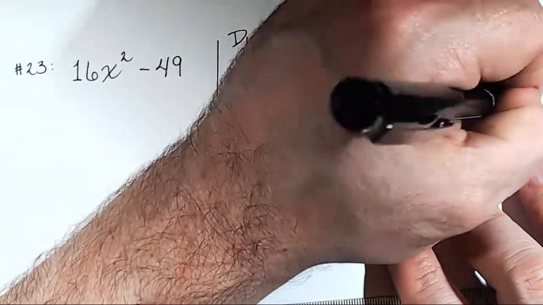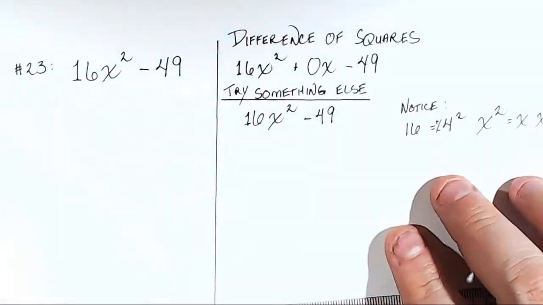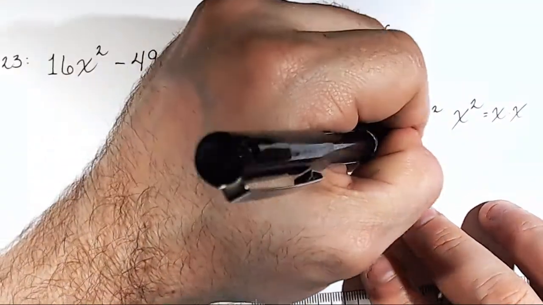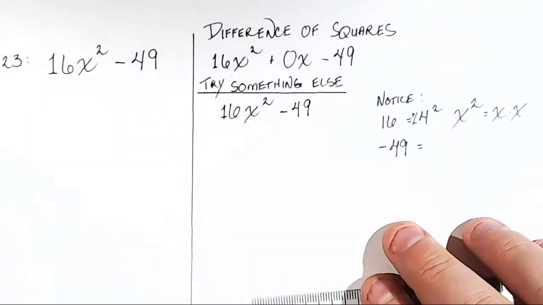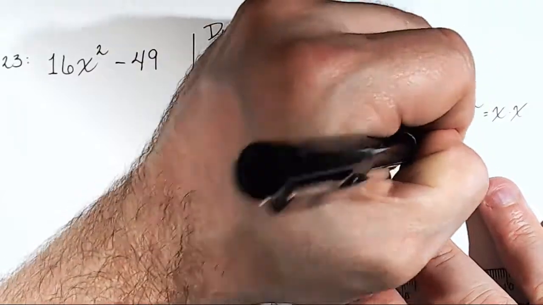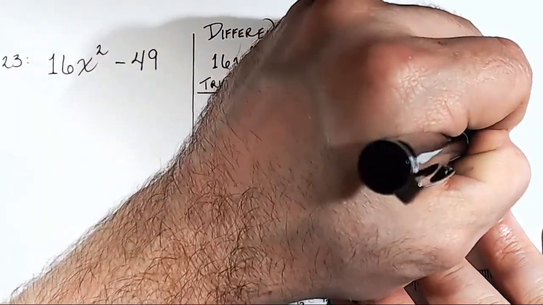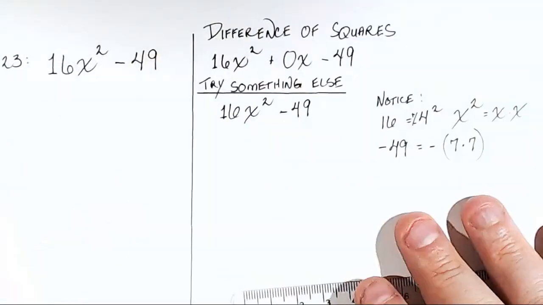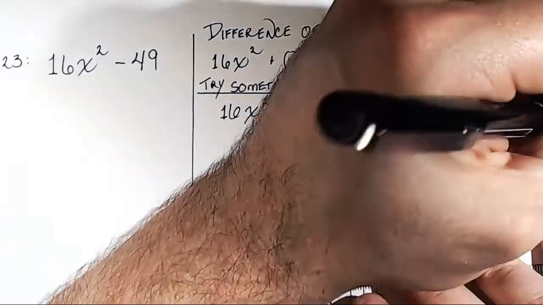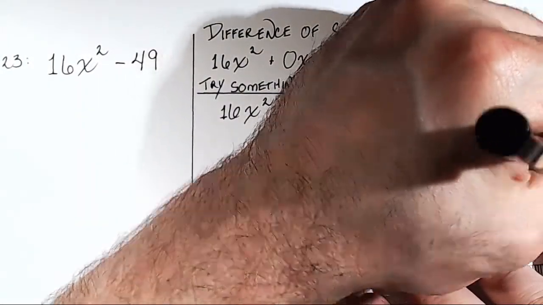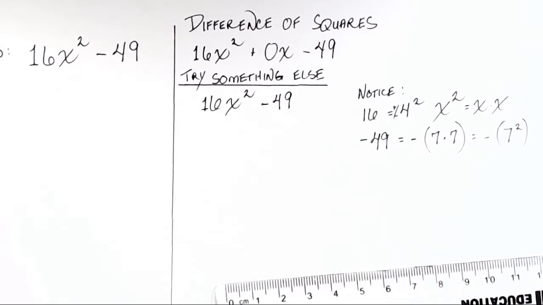X squared equals x times x, and negative 49 equals negative 7 times 7, which equals negative, open parentheses, 7 squared. So they're all squares, right?